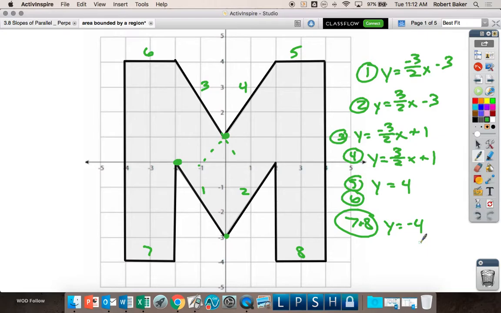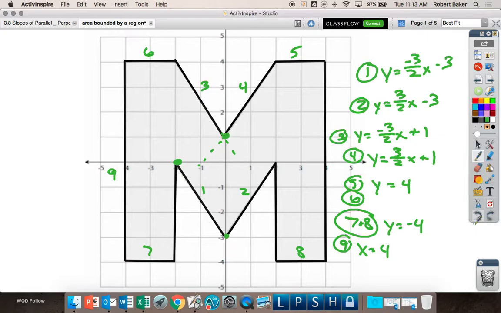Then probably the harder ones over here. Let's go with line 9. Because that is a vertical line, it has an undefined slope, which means that it is x equals -4. If you go on the x-axis, it goes through -4.